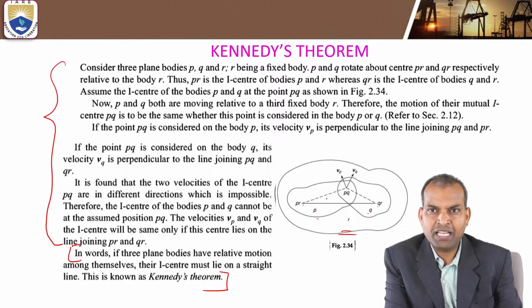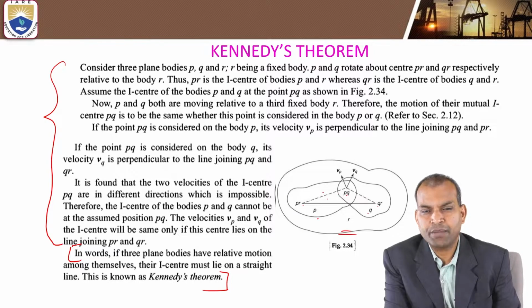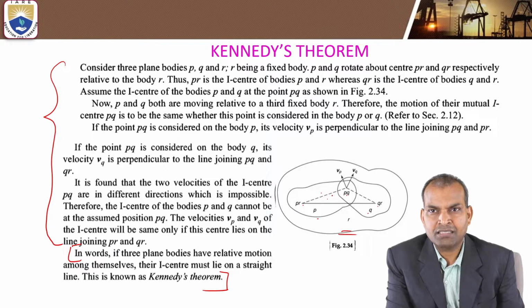Suppose the I center of PQ lies on the body P, then the velocity should be in a different direction, in the direction of VP. If the I center of PQ lies on the body Q, then it is again in a different direction.